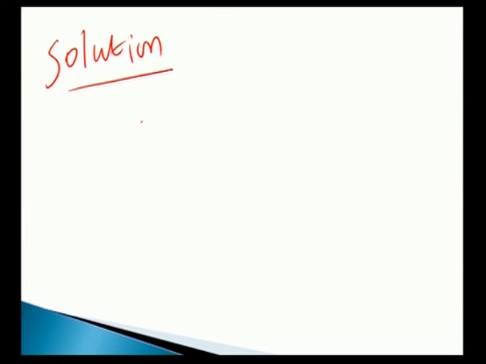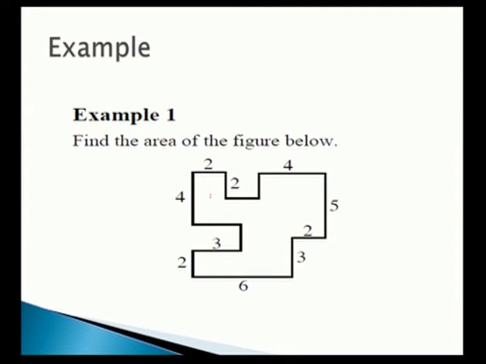First we need to find the number of shapes in that figure. For that, we need to fill the missing length. The missing length on the left hand side is also 8 units. Here you got 4, 2, so 4 plus 2 was 6.